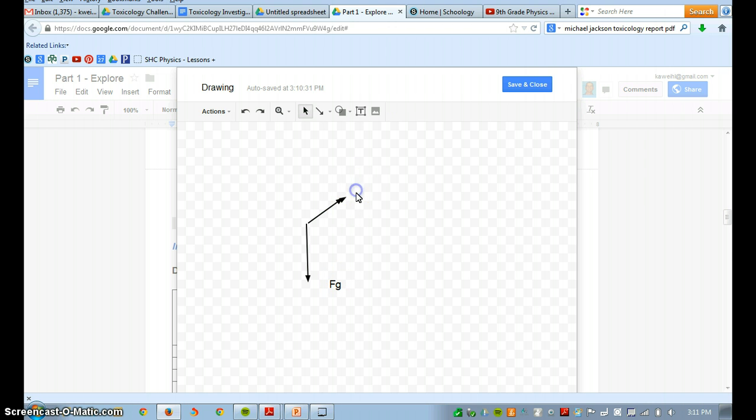And this one is going to be with a text, F. Let's try that one more time. And then all you need to do is save and close, and that will insert that in there. And that ends your lesson on how to draw a force diagram and insert it into your lab report.